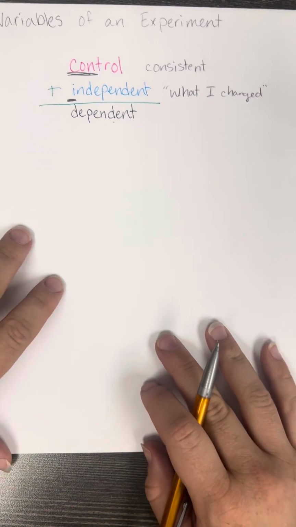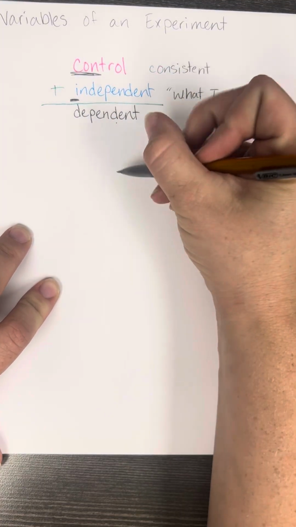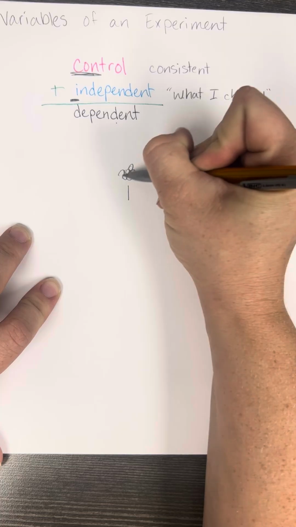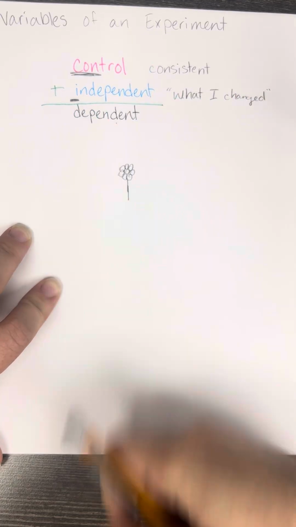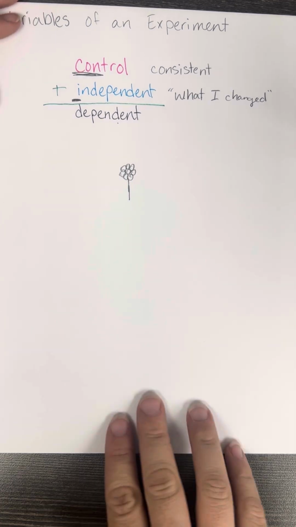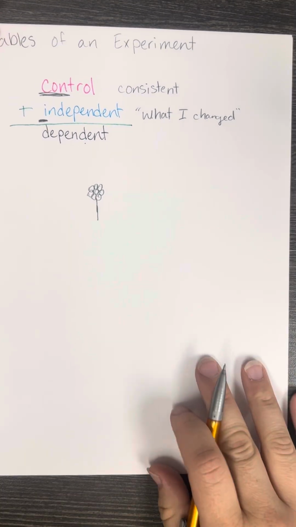So let's give an example to kind of help this make sense. So for an experiment, I want to grow some flowers and I want to see how to get my flowers to grow taller. So let's make a list of all of the different variables. Those are factors that impact the outcome, right?